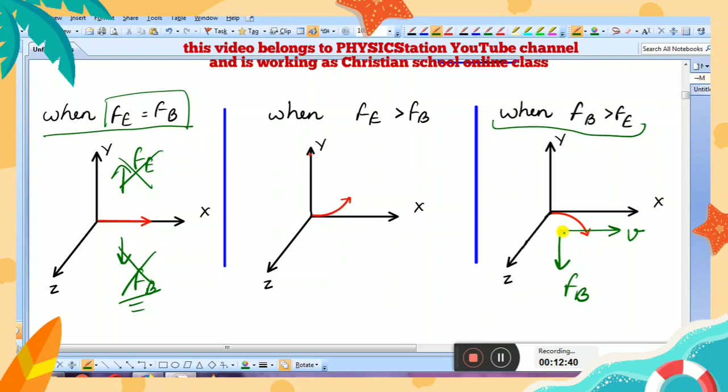Then because of these two, the charged particle will follow a curved path like this, like I have shown with the red ink. And this motion will be in which plane? See, this is minus y-axis, this is x-axis. So this motion will be occurring in xy plane.